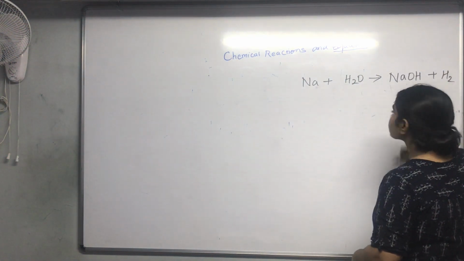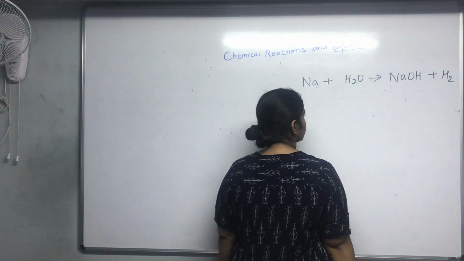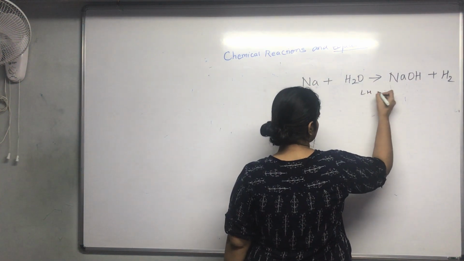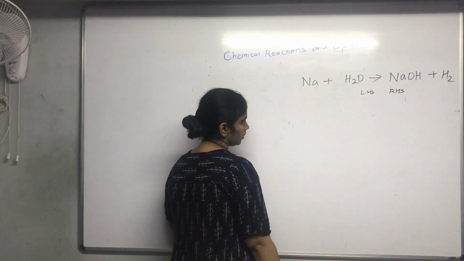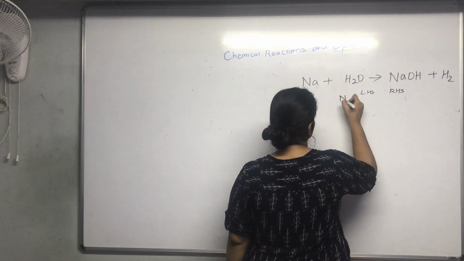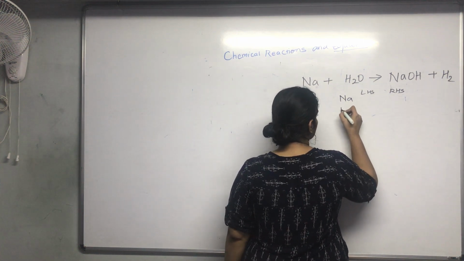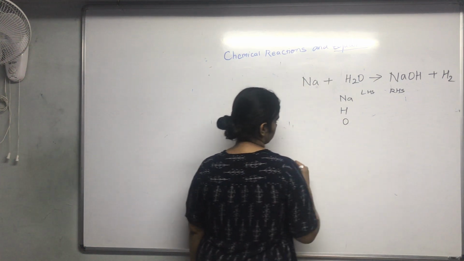After boxing these reactants, what you can do is make a table of LHS versus RHS: sodium, then hydrogen and oxygen.